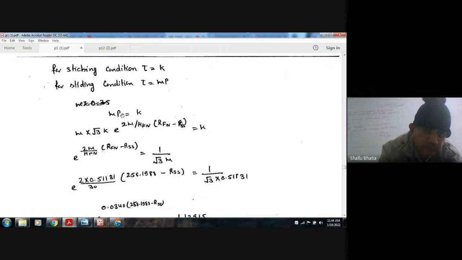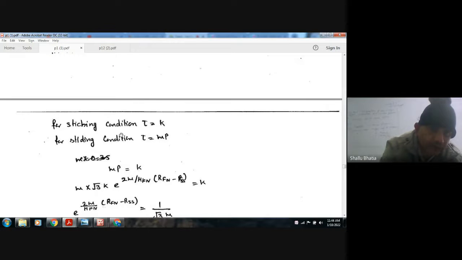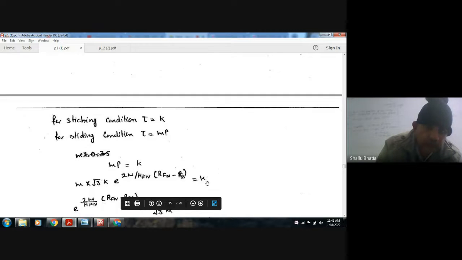At r_ss, for sticking friction the condition is tau equal to K, and for sliding friction it is mu p. Since r_ss is common to both sticking and sliding friction, these two are equal. So putting mu and p according to the formula, equal to K, K will cancel out.